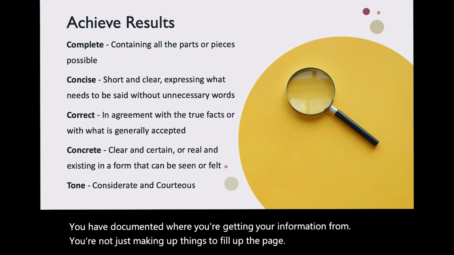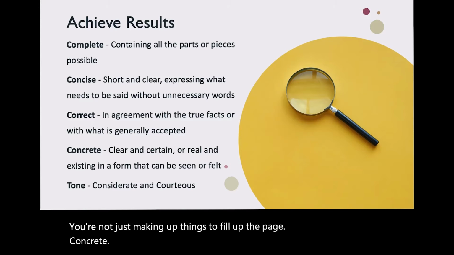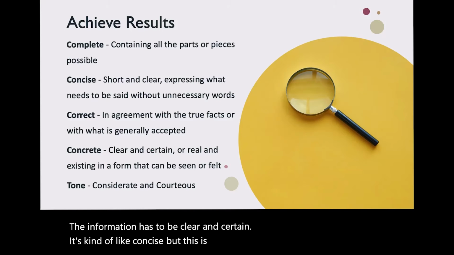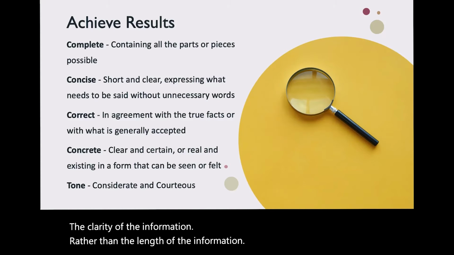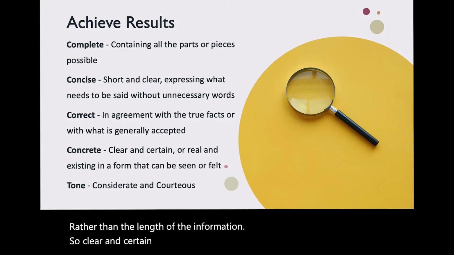Concrete. The information has to be clear and certain. It's kind of like concise, but this is more about the clarity of the information rather than the length of the information. So clear and certain, or real and existing in a form that can be seen or felt.